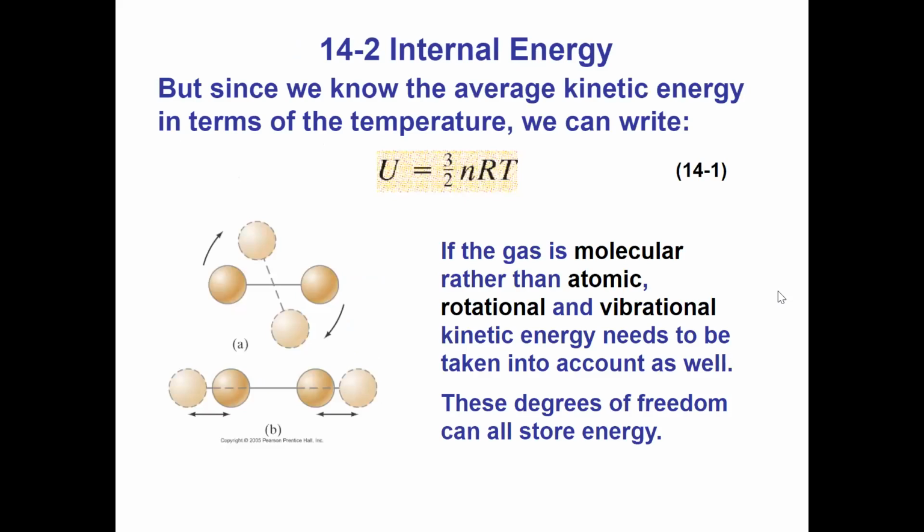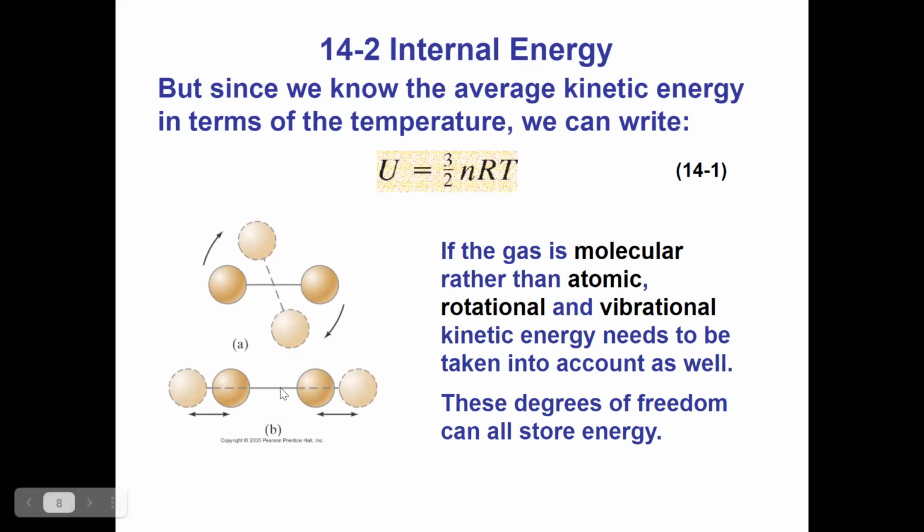So different systems are going to store energy in different ways. If now, instead of thinking about just billiard balls floating around, we think about other shapes, like here's a diatomic molecule, it can move in different ways. Not only can it translate along the X, Y, and Z axes, it can also rotate, can spin.